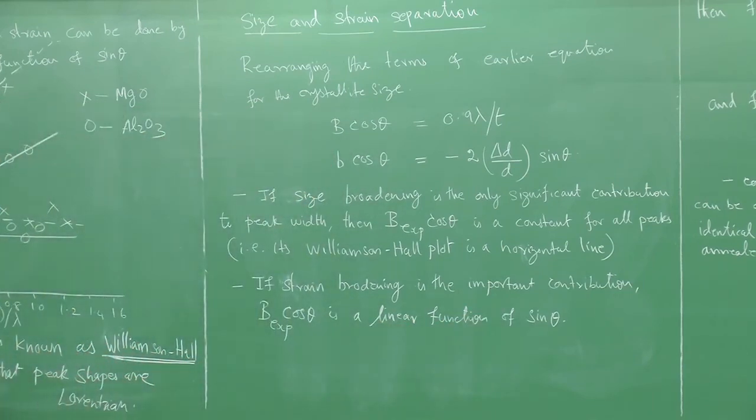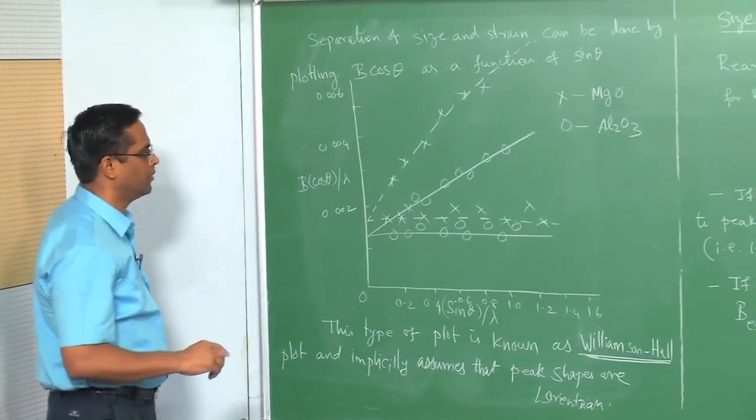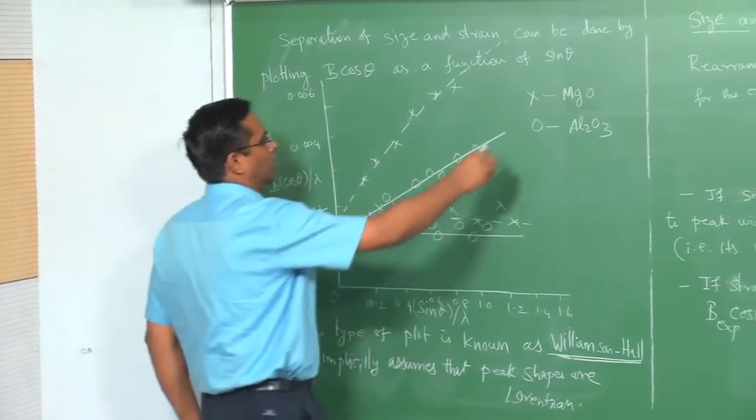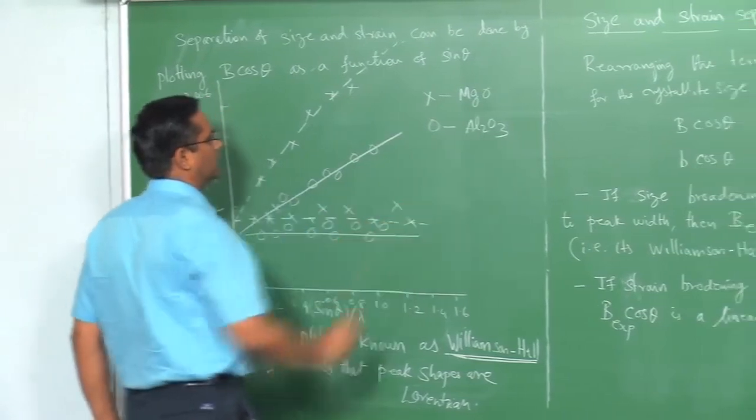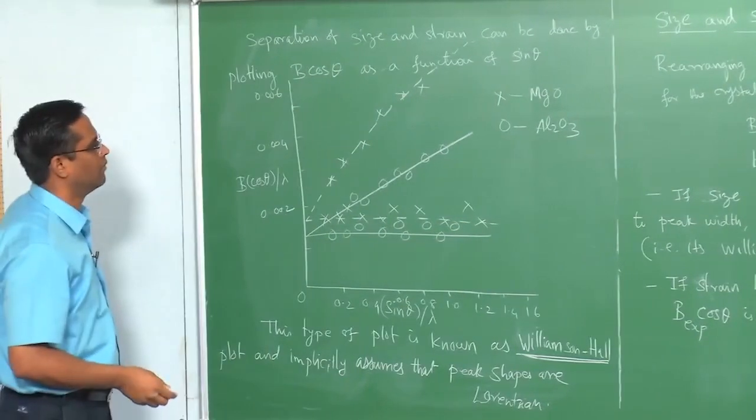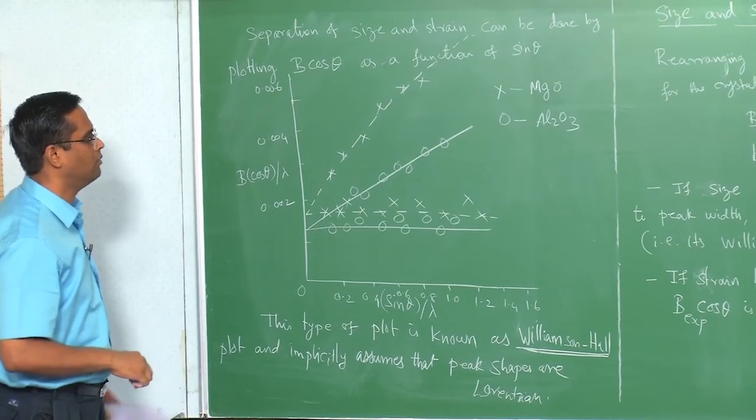So, like this. So, what you have are the data points plotted for magnesium oxide as well as aluminum oxide, magnesia, and then this is for alumina.